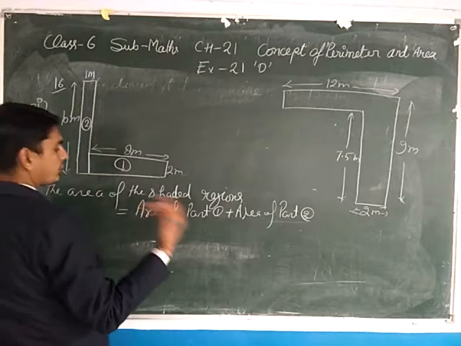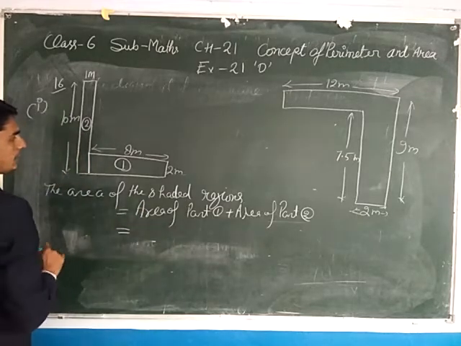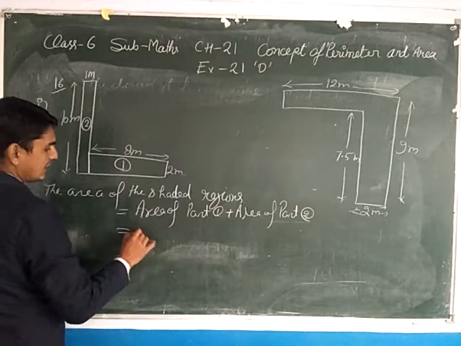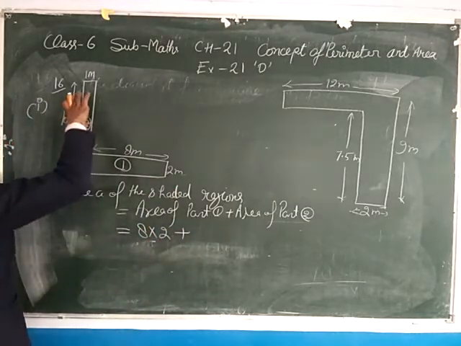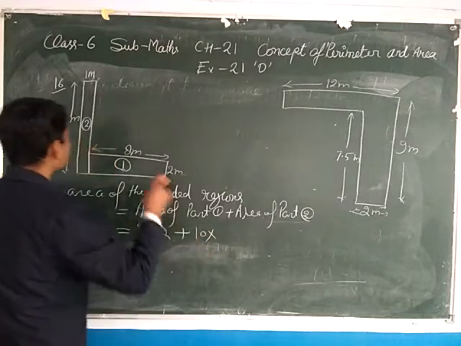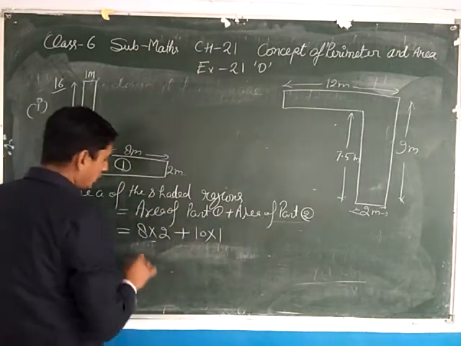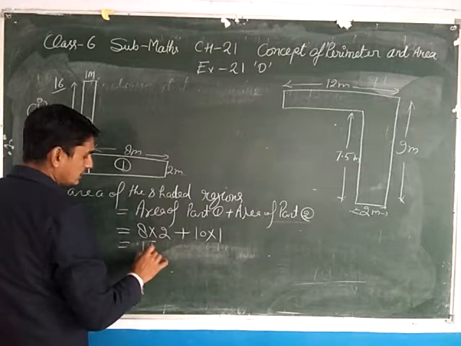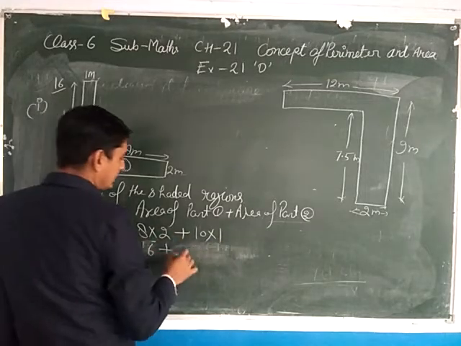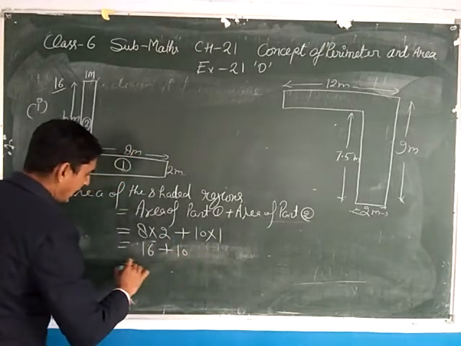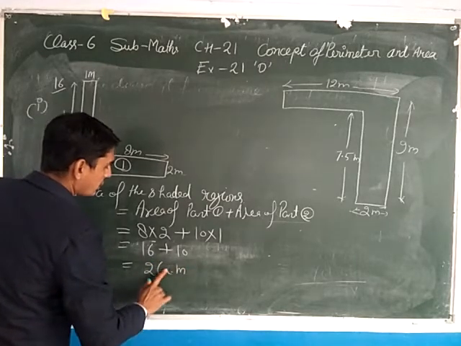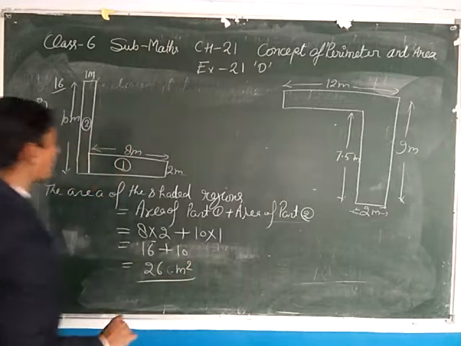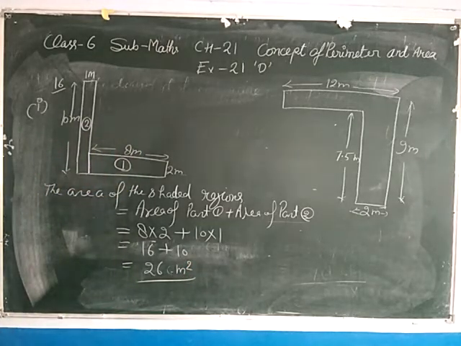You know very well the area of a rectangle is length multiply breadth. So here length is 8 meter and breadth is 2 meter, plus here length is 10 meter and breadth is 1 meter. So 8 2s are 16 plus 10 1s are 10, and add, so 26 meter square is the required answer of the first part.